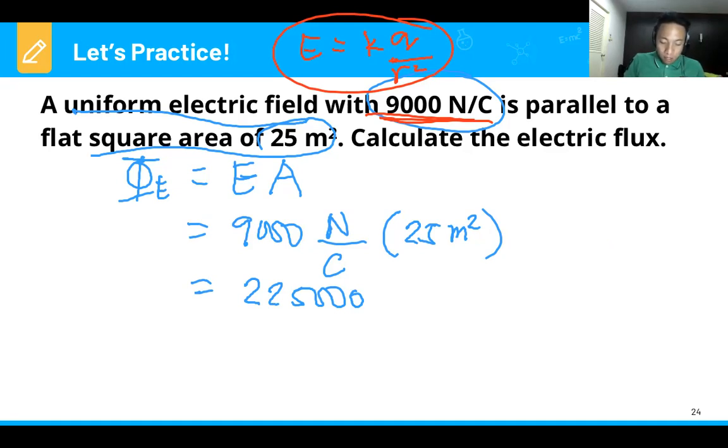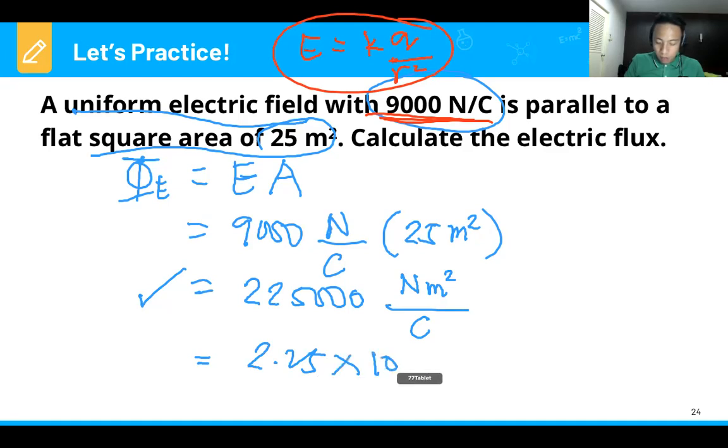The unit for electric flux will be, nothing was canceled, right? So we will just copy Newton meter squared over Coulomb. Okay, so this one is correct. And if the problem asked for the scientific notation, we can also transform this into its scientific notation. So it will become 2.25 multiplied by 10 raised to 6 Newton meter squared over Coulomb.